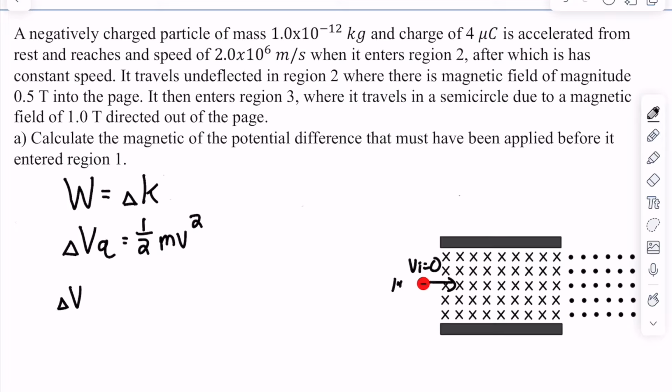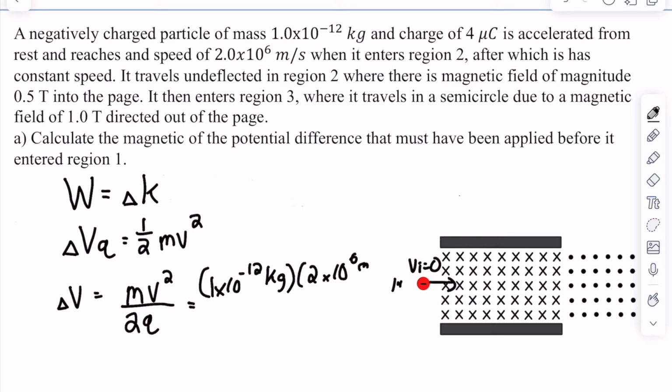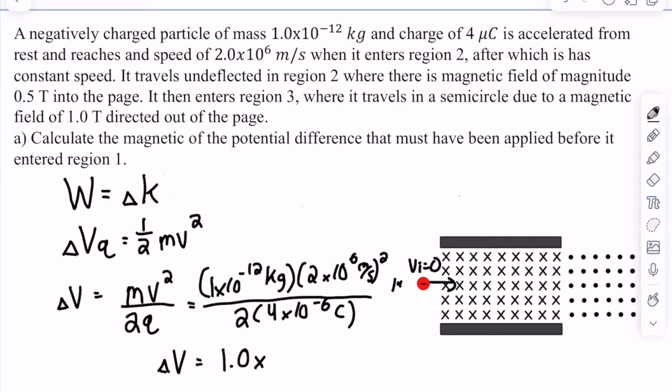So then my voltage is mv squared over 2Q. And now I just plug in numbers, and that gives that the voltage is 1.0 times 10 to the 6th, or 1 million volts.